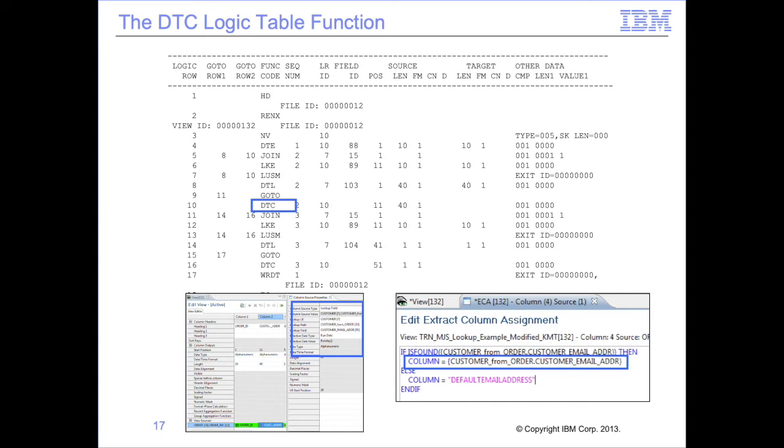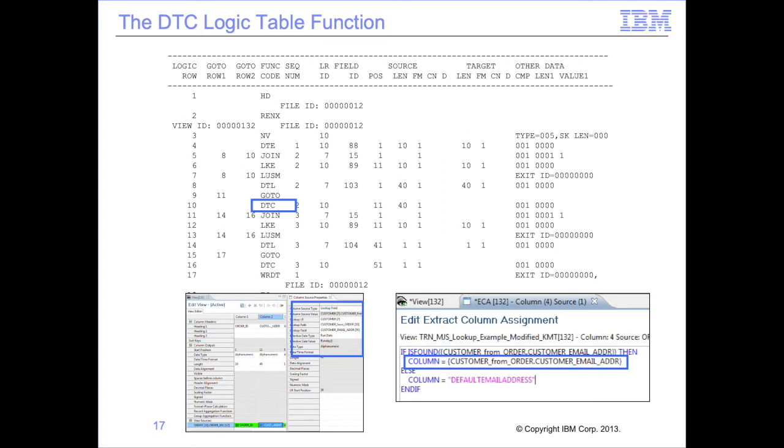coded in logic text. If they are placed directly on the view editor and not in logic text, then SAFR automatically generates a default DTC in case of a not found condition. The default value depends upon the format of the target column. Alphanumeric columns receive a default value of spaces, and numeric columns receive a default value of zeros.